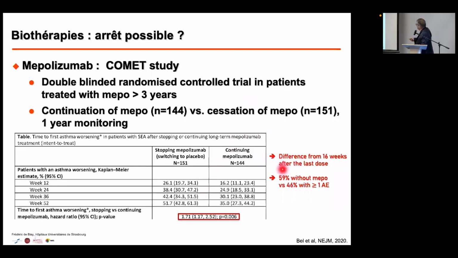After cessation, 6 weeks after the last dose, 59% without mepolizumab versus 46% with. And for the time to first asthma exacerbation, there was a significant difference. The odds ratio was 1.7.